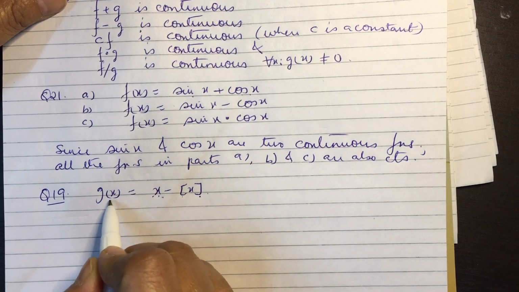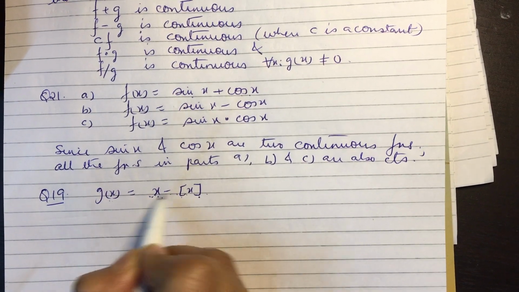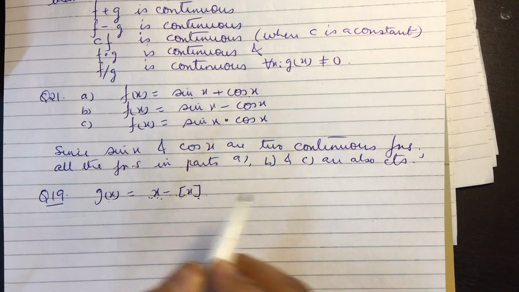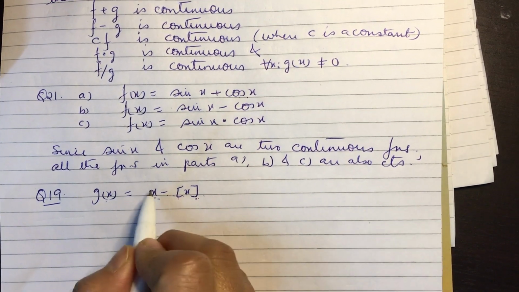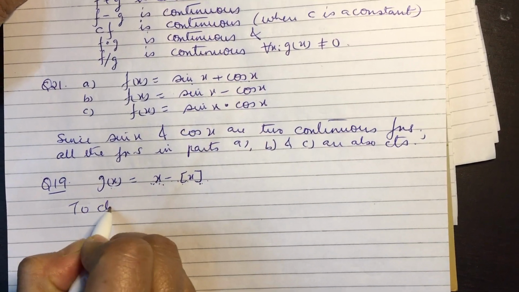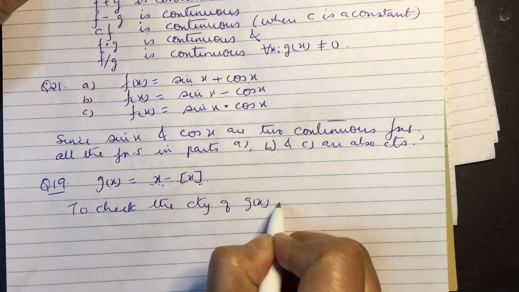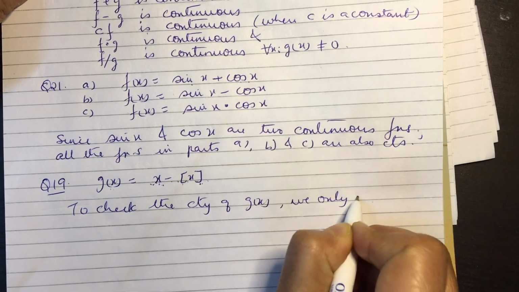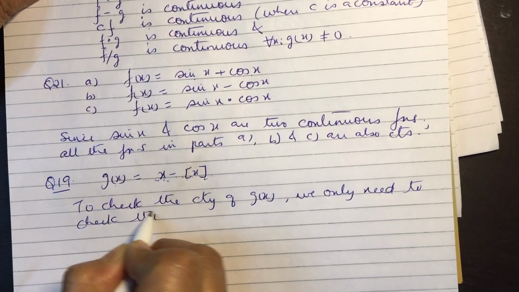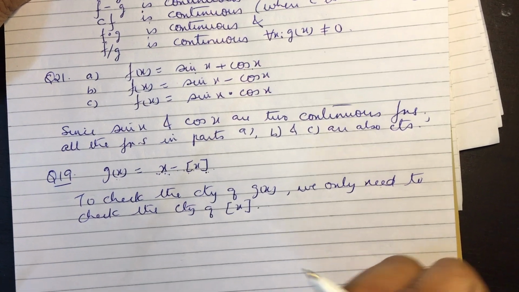Now, g(x), since it is the difference of two functions, will be continuous provided both the functions are continuous. Out of these two, x is definitely continuous. So, to check the continuity of g(x), we only need to check the continuity of the greatest integer function of x.